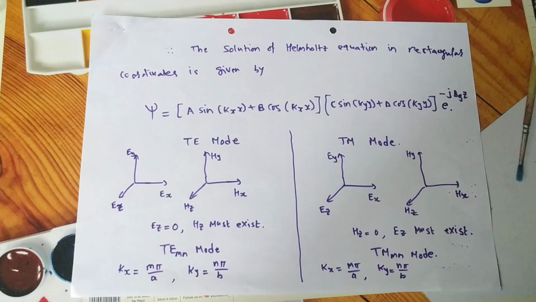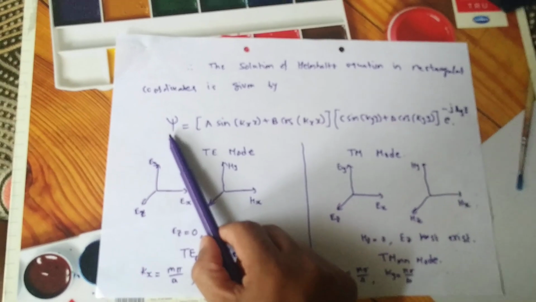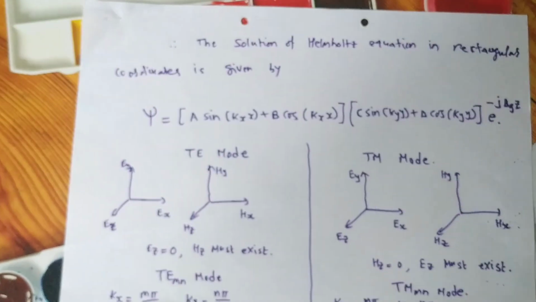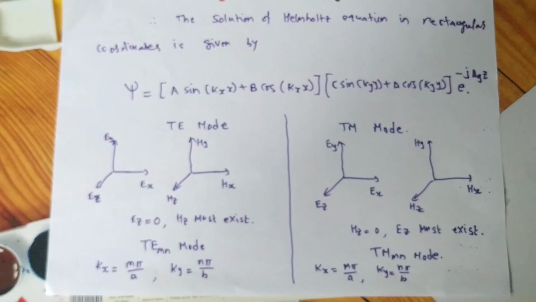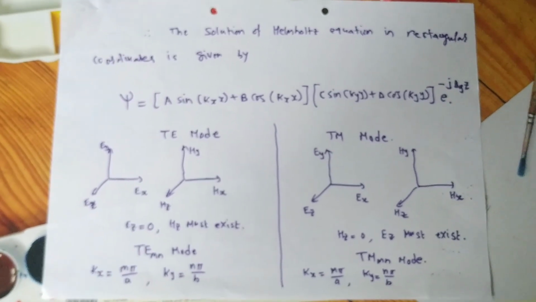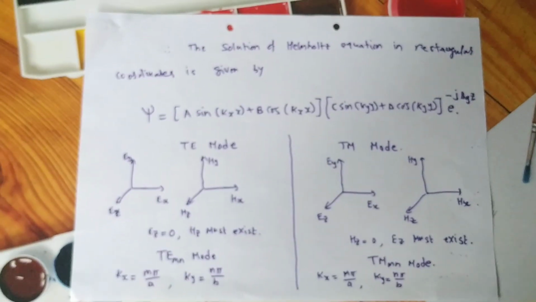So I can write that the final function, which is the solution of the Helmholtz equation, is a function X of x, which is a function of sine and cosine with the variable x, and Y of y, which is also a function of sine and cosine with the variable y.